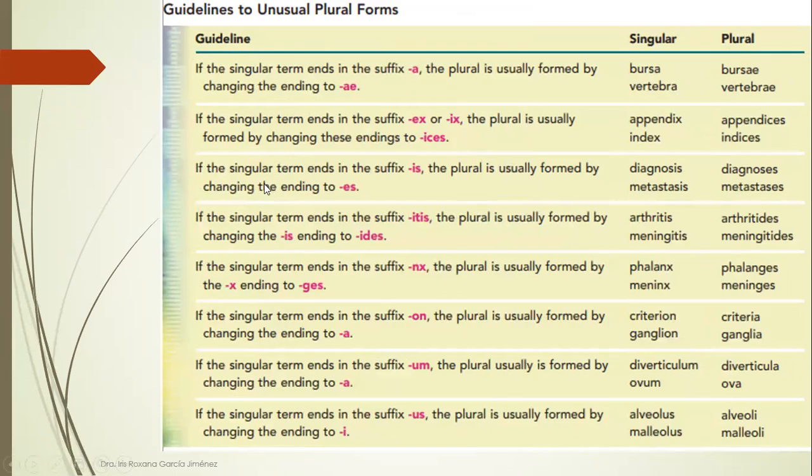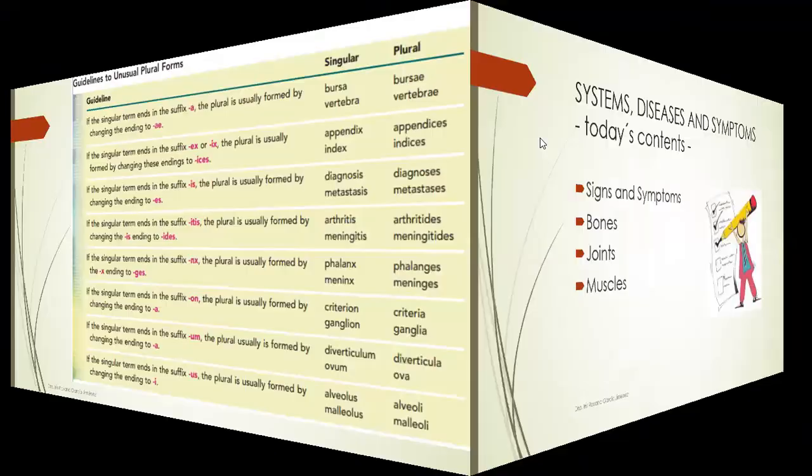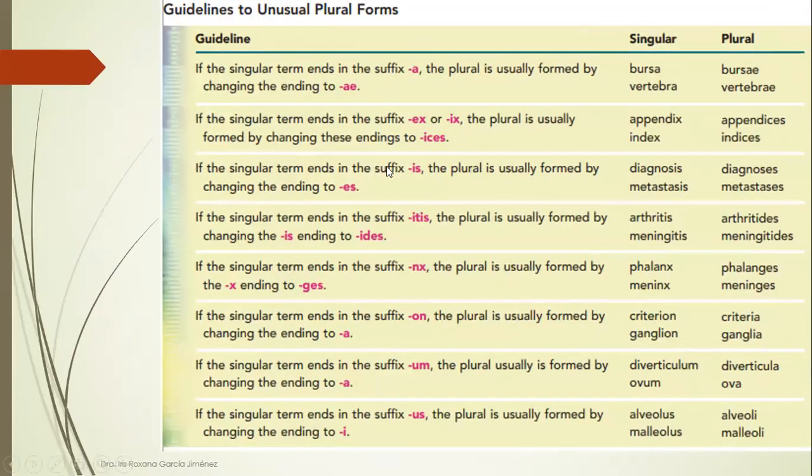Another one, this one. If the singular term ends in the suffix is, for example, diagnosis, in singular, one diagnosis, the plural is usually formed by changing the ending to es, diagnoses. Here the pronunciation changes.